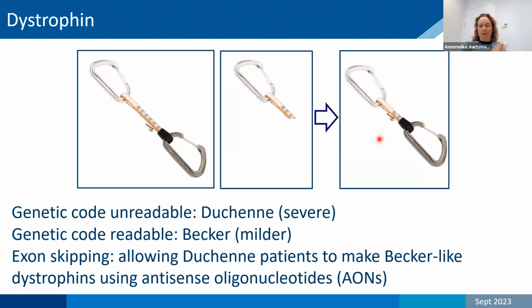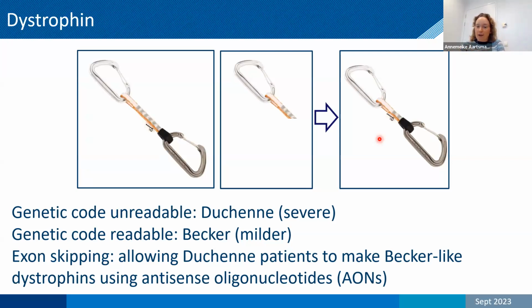Duchenne patients lose ambulation before 12, need assisted ventilation at age 20, and usually die before the age of 30 or 40. Becker patients can have age of onset in childhood, but sometimes in midlife, and there are patients that have their first symptoms in their 40s or 50s. So there's more variability, and in general, the age of onset is later and the disease progression is slower.